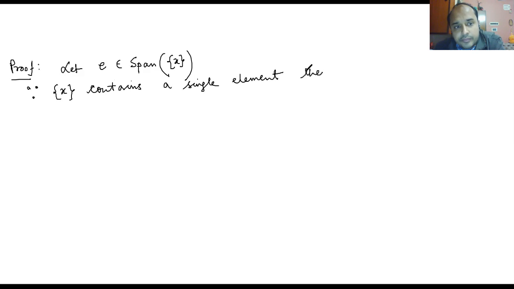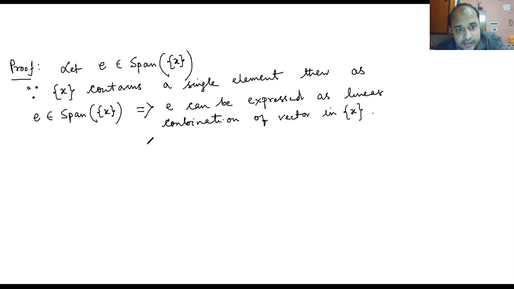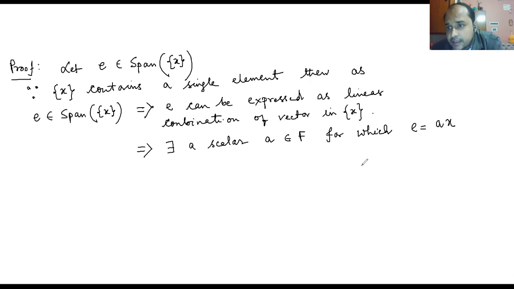as E belongs to the span of S, the span of X, this implies E can be expressed as a linear combination of vectors in the singleton X. This implies there exists a scalar A belonging to F for which E is written as A into X, by definition of span.